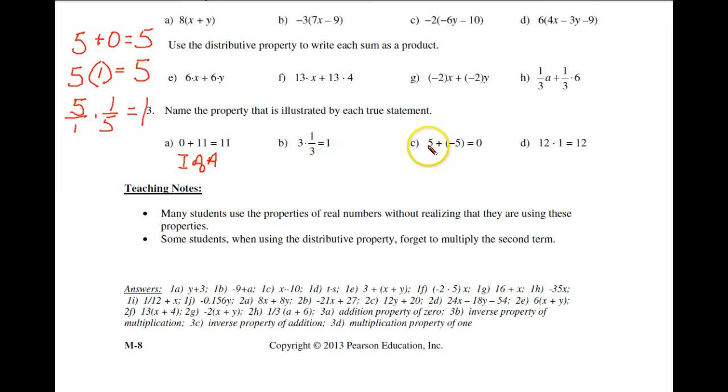And this one we had in an earlier section, and I didn't review it, but see if you can come up with what this is. This is the rule or the principle of opposites. When we add an opposite to a number, the sum is 0.